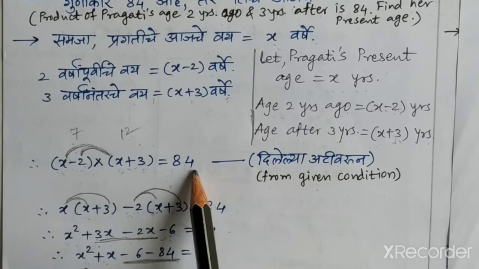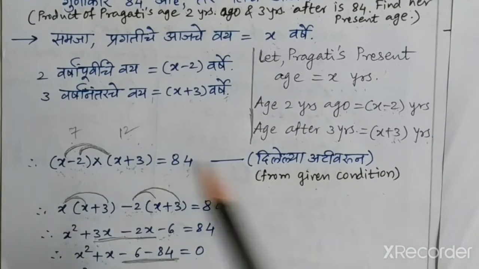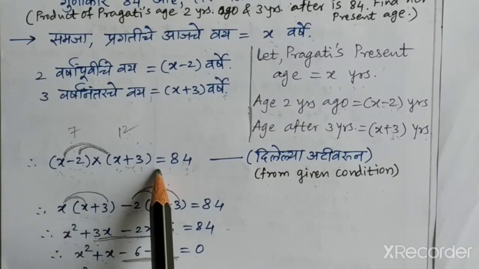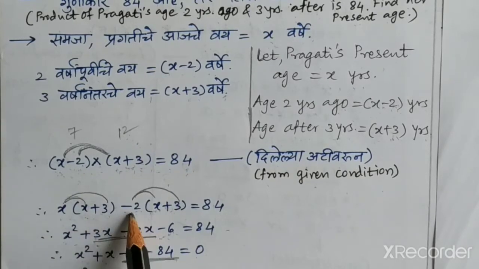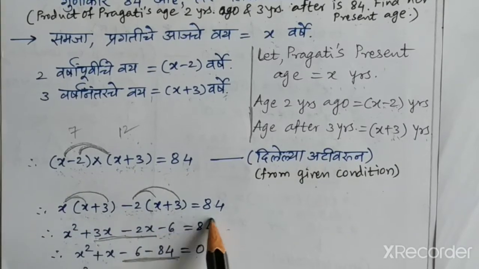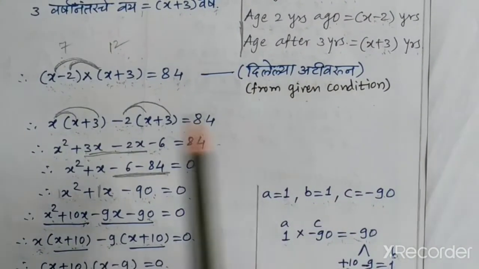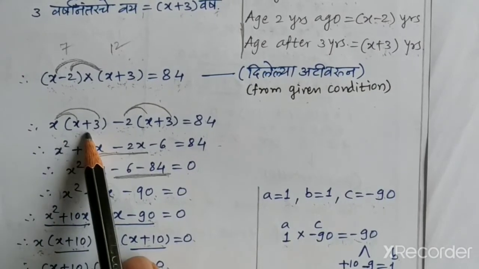So let us solve this quadratic equation. Multiply these two brackets. Multiply first x into x plus 3 and minus 2 into x plus 3. Now multiply this x to inside each term of the bracket.